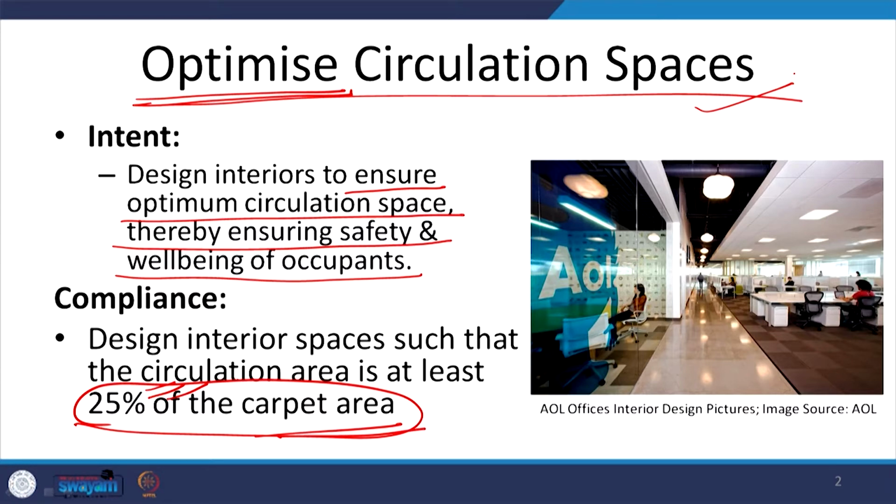Sufficiently wide circulation areas ensure that there are no mishaps or accidents taking place because of a crunch of circulation space. Not just the wide corridors, but also the space between the work terminals is circulation space which has to be ensured on the basis of the codes and guidelines.